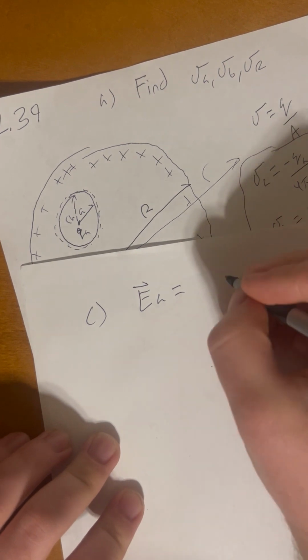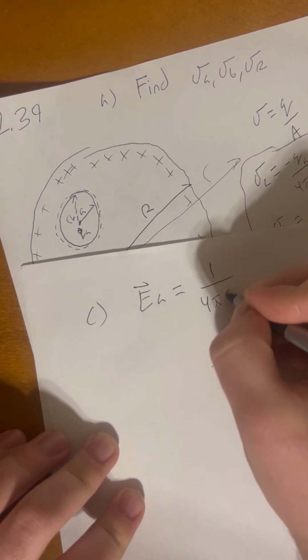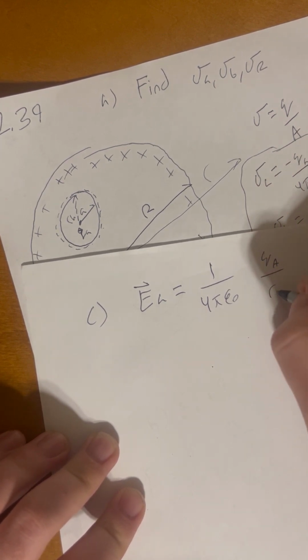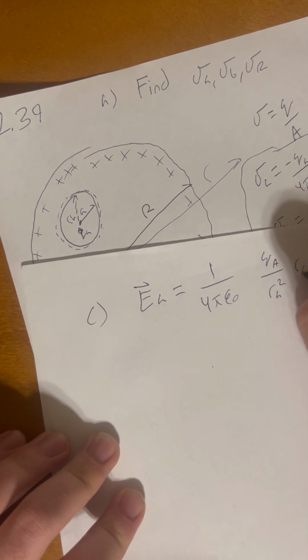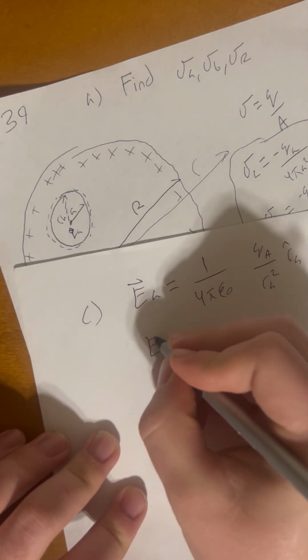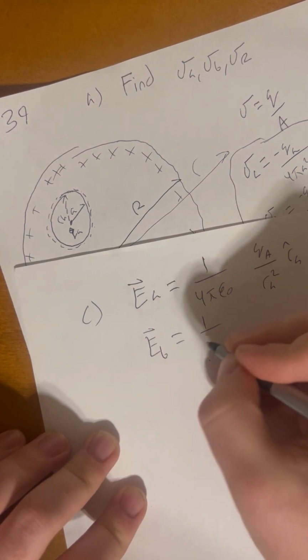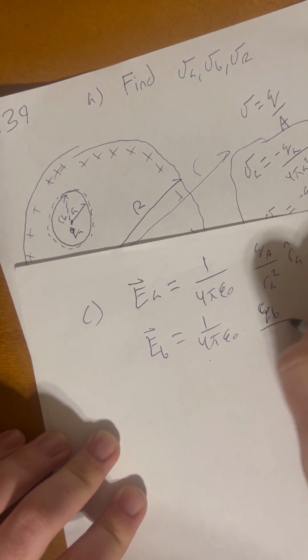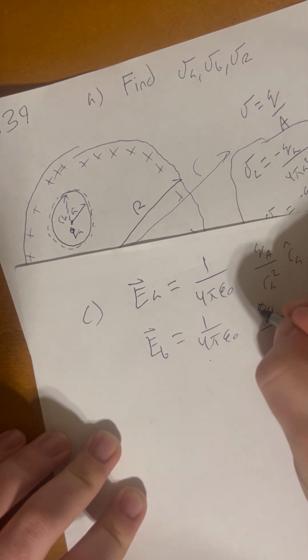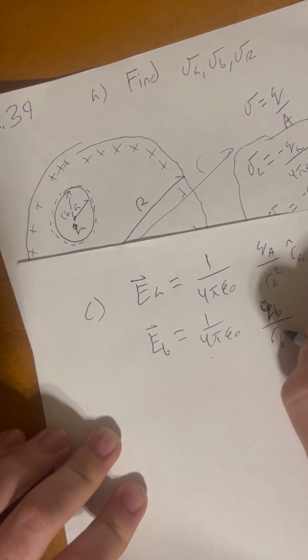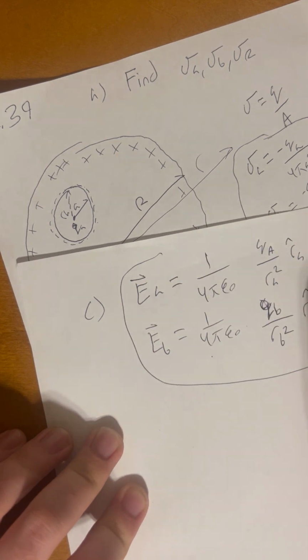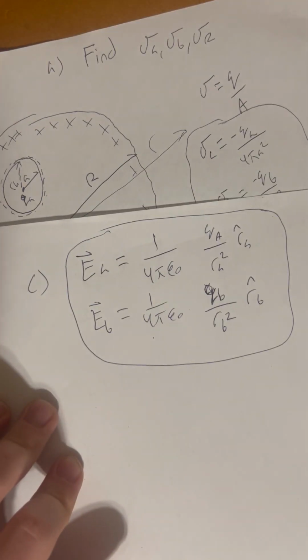So of course we know the electric field due to A is 1 over 4 pi epsilon naught, QA over rA squared in the rA hat direction. And the same argument holds true for point charge B, but this time it'll just be QB over rB squared, where rB is between 0 and b, the radius of the cavity, in the rB hat direction. There you go.